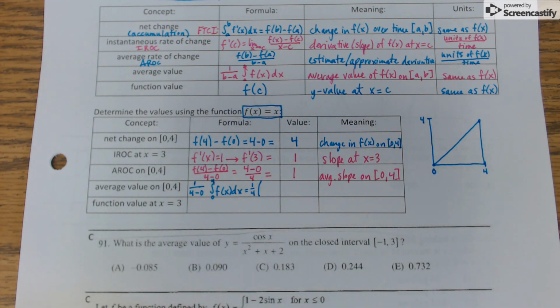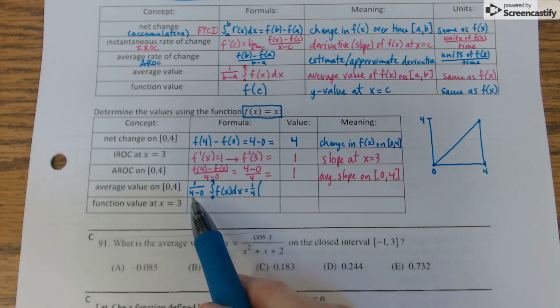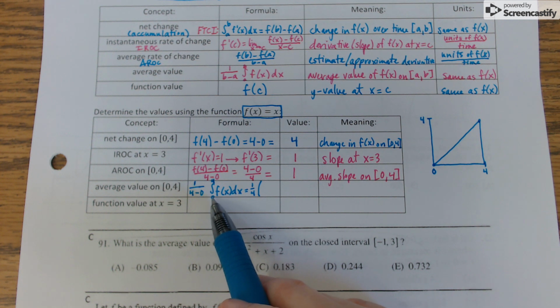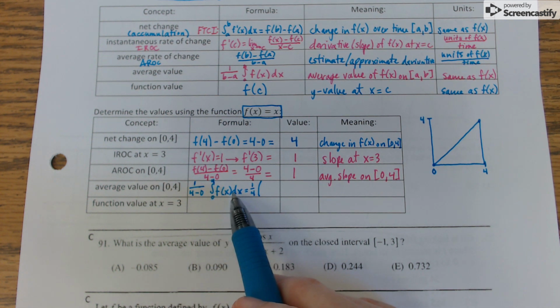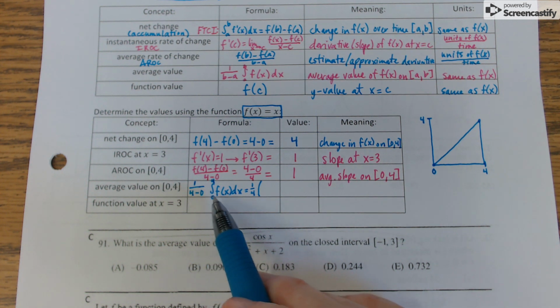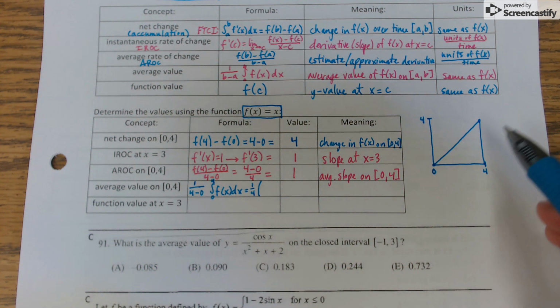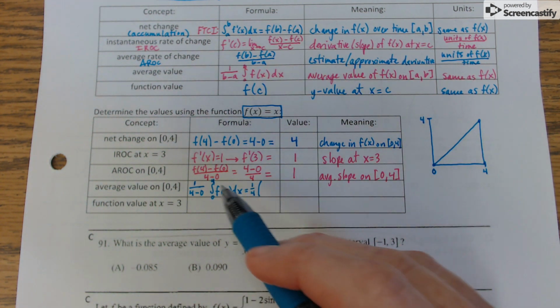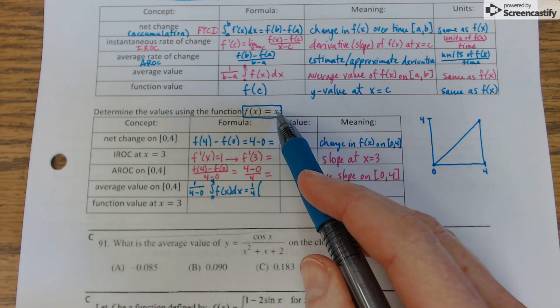So let's apply this new concept of average value, our formula, for the first time. So 1 over b minus a would be 1 over 4 minus 0 times the integral from 0 to 4 of f of x dx. So I get this 1/4 from that fraction in front, and I have the integral of 0 to 4 of f of x dx. And since I'm looking at a graph, I could go ahead and find the area. If you were more inclined, you could actually find the antiderivative just about as easily. It would be x squared over 2.